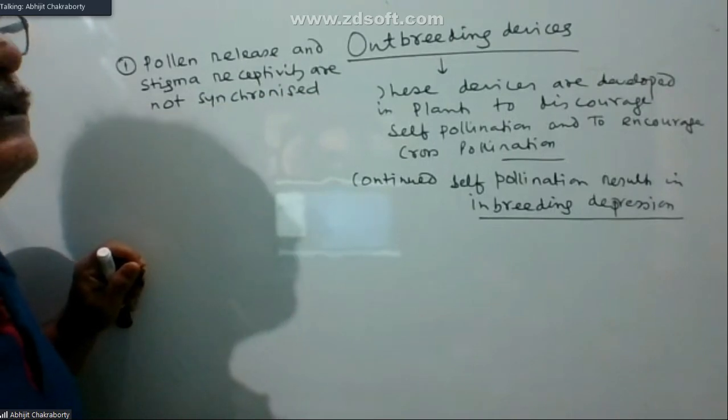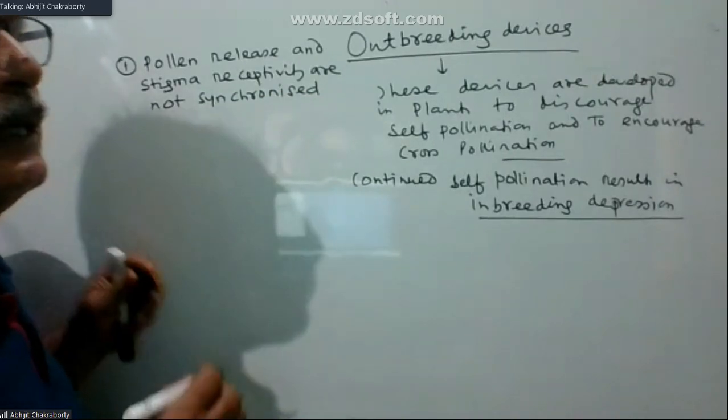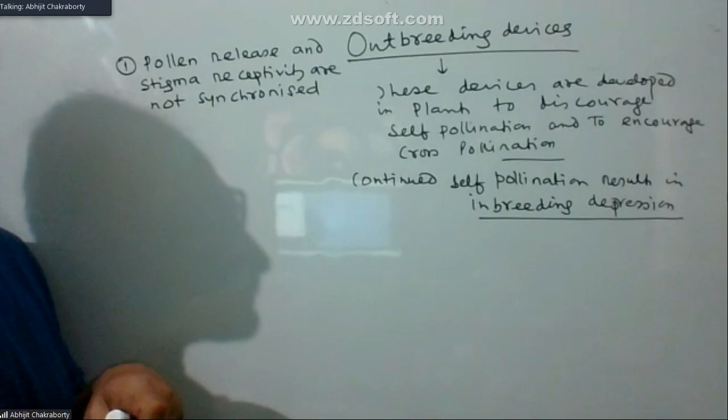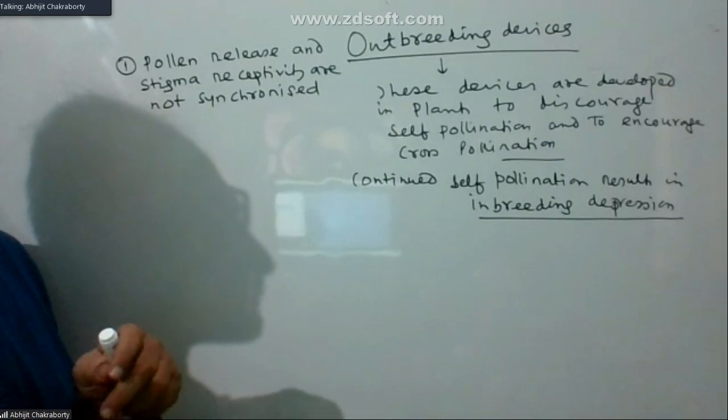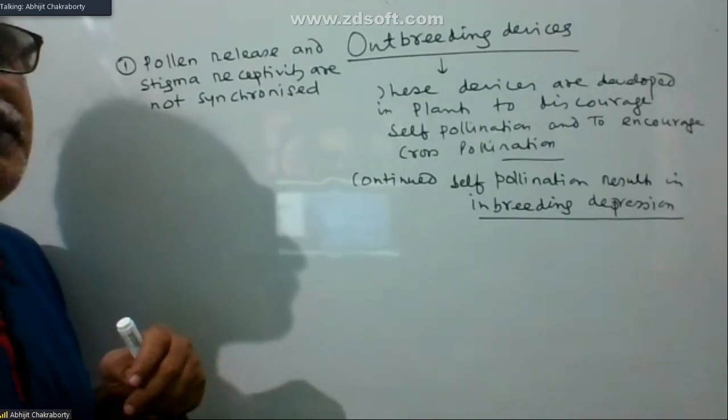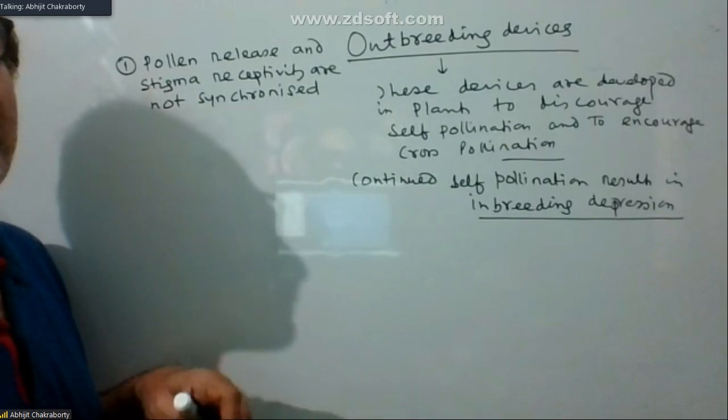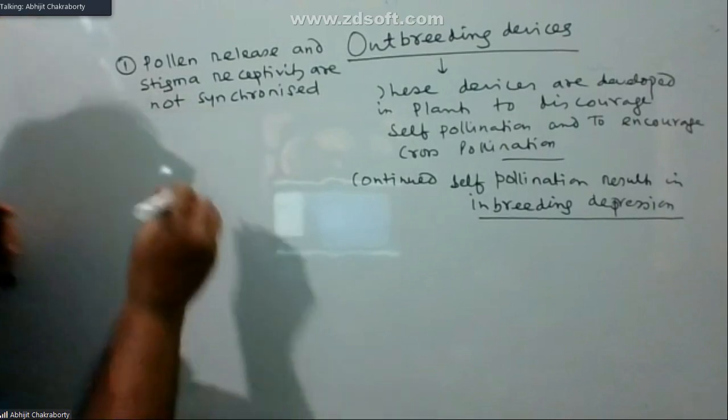That means either pollen grains are released earlier, then the stigma becomes receptive, or the stigma becomes receptive much before the pollen release. Two things happen.